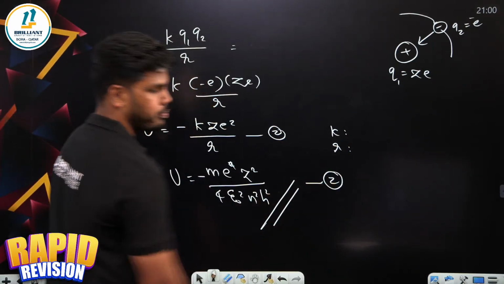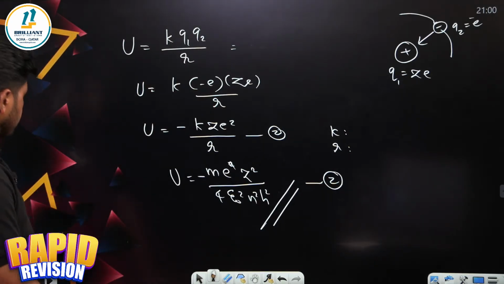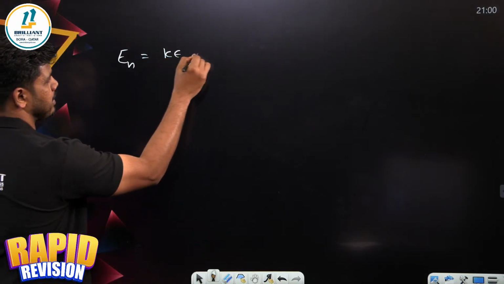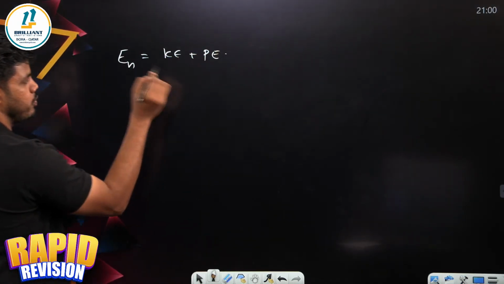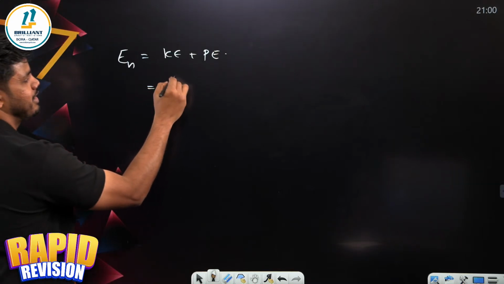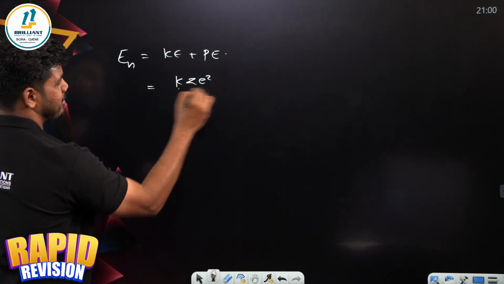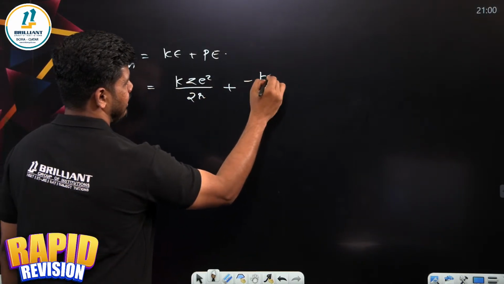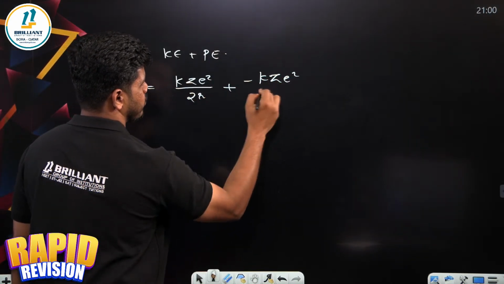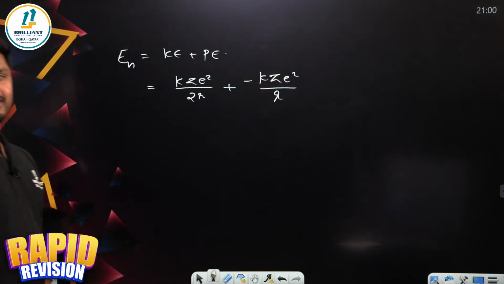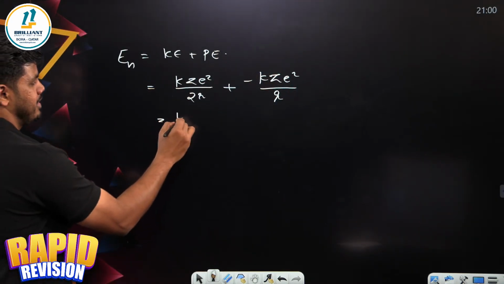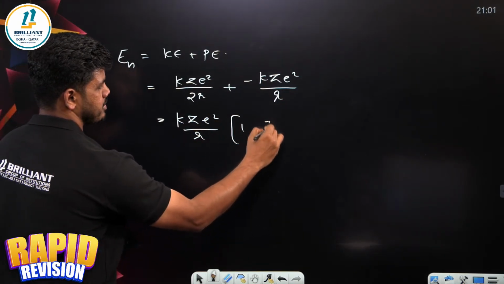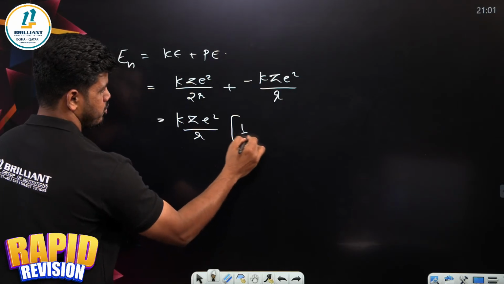Equation number 2, another form. Now, how will you find the total energy? Total energy of an energy level is kinetic plus potential energy. So kinetic energy was K Z e square by 2R plus minus K Z e square by R. K Z e square by R is common, so 1 by 2 minus 1.